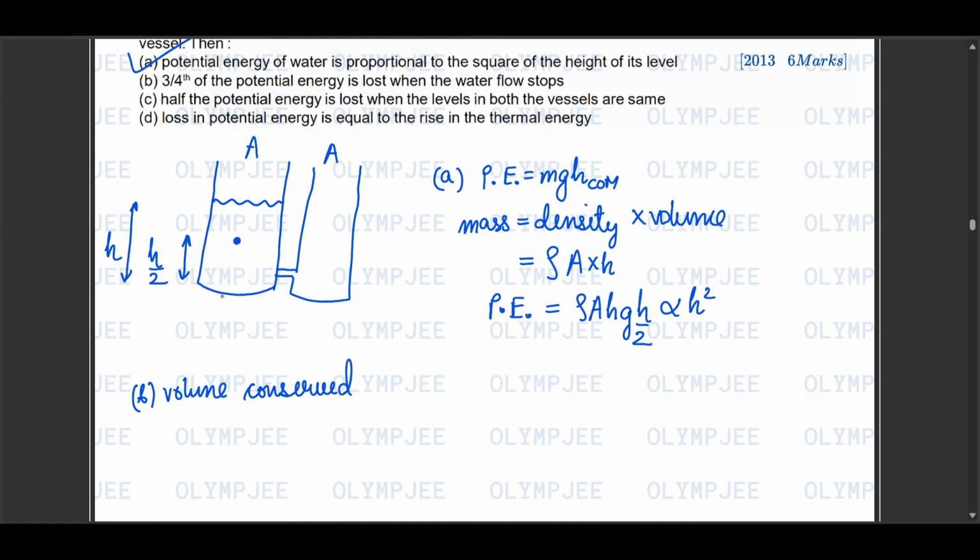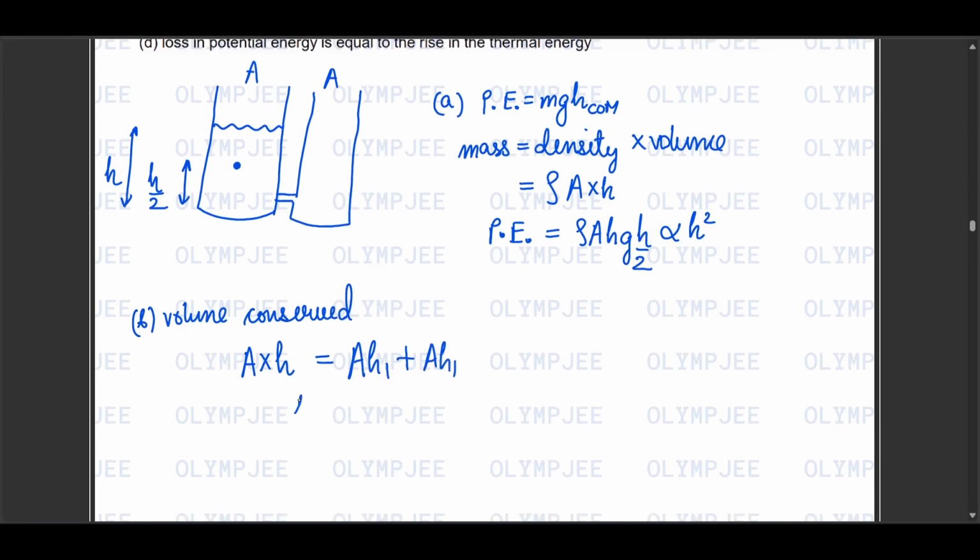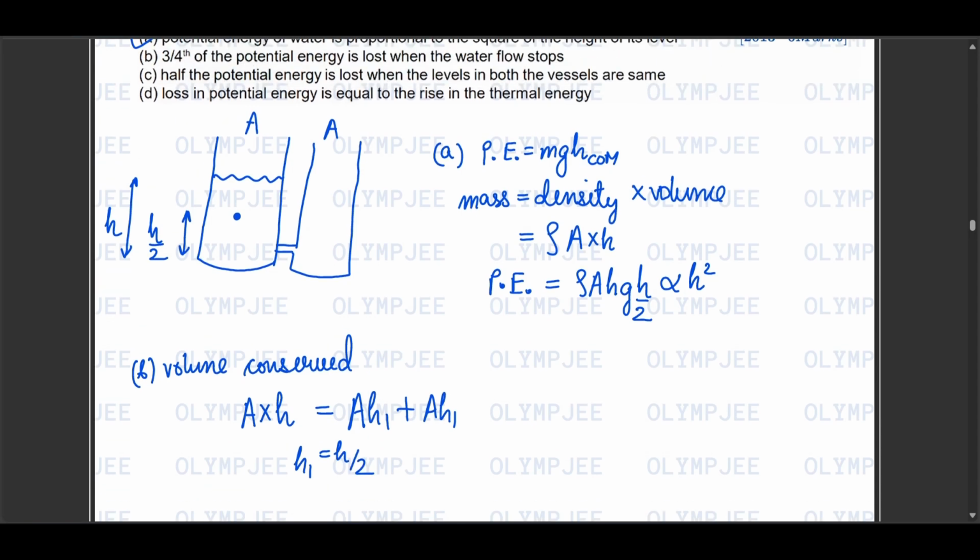So initially the water is only in container 1 and the volume is given by A multiplied by h, and finally the height becomes the same in both containers, so it would be A h1 plus A h1, right? Because the height is the same in both containers. So h1 would be half of this height, right?